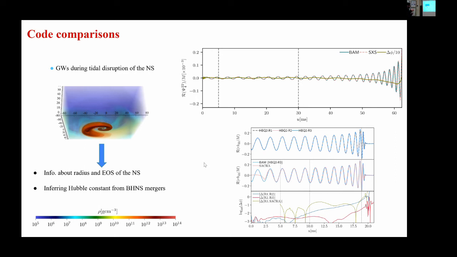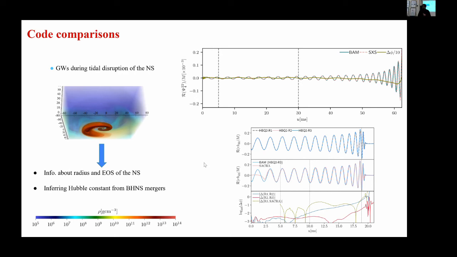This phase will give us useful information about the radius and equation of state of the neutron star matter, because it depends on these quantities. Also, overall we want accurate gravitational waveforms, as in the case of binary neutron stars, because especially for black hole neutron star systems, many groups are pursuing inferring the Hubble constant from black hole neutron star mergers. So it will be very useful to have this done accurately.